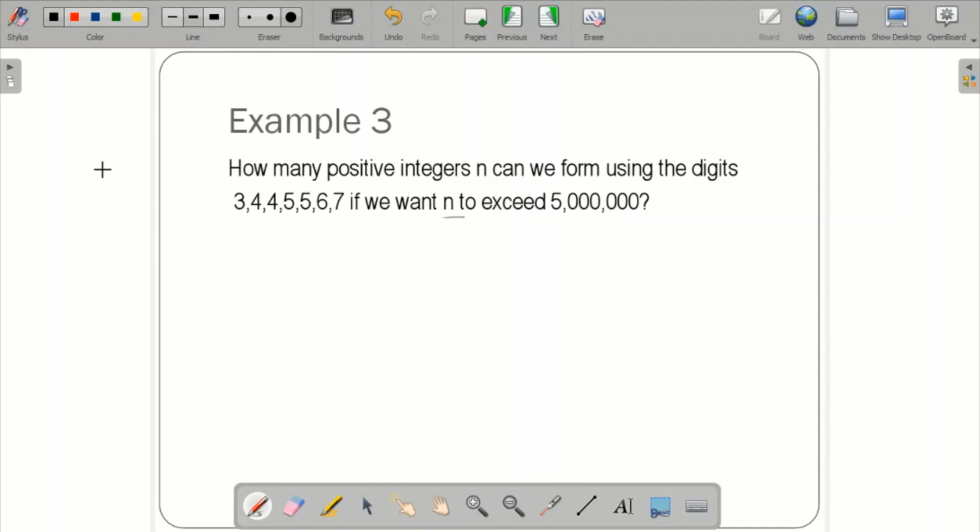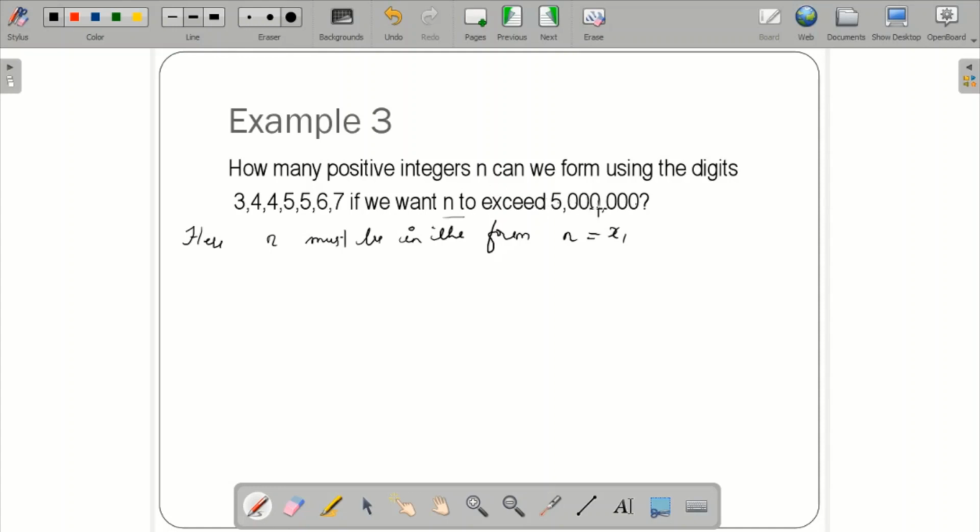So here n must be in the form of what? There are totally 7 digits. Here n must be in the form n equal to x1, x2, x3, x4, x5, x6, x7.